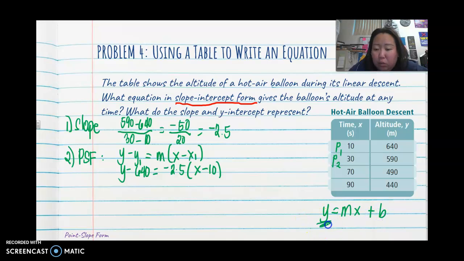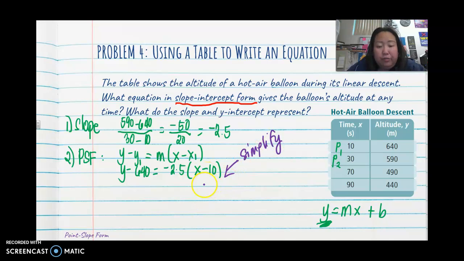So y needs to be by itself. Looking at our point slope form, can you see that y is by itself? No. So what we can do is simplify our point slope form.